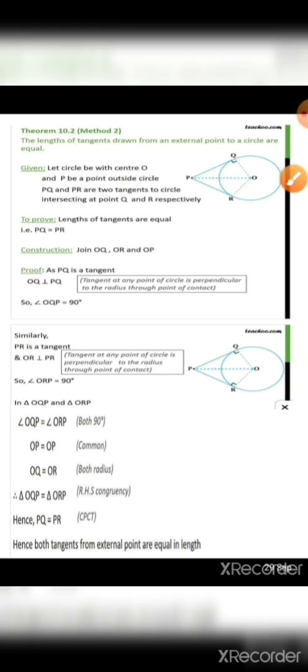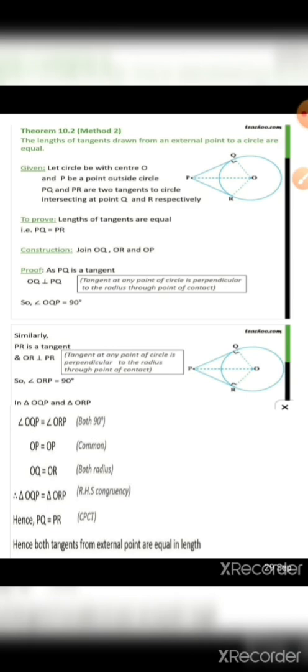Then, if you draw the three lines, now you can see two triangles. We need to prove PQ equal to PR, so we are considering these two triangles and going to prove that they are congruent. We need three conditions for proving the congruence.